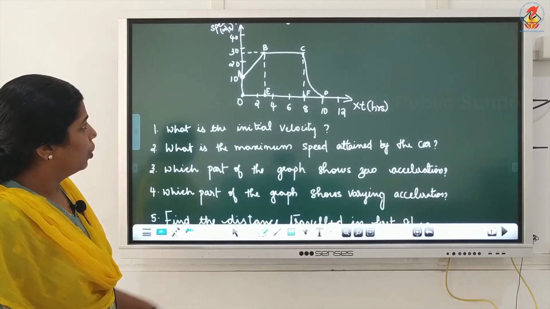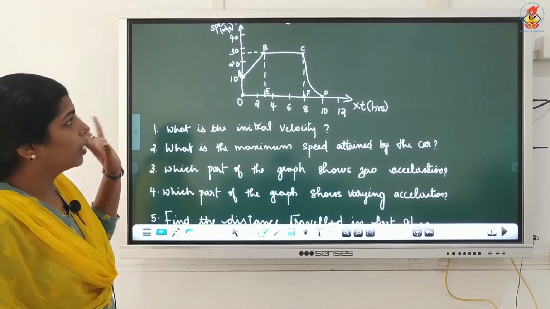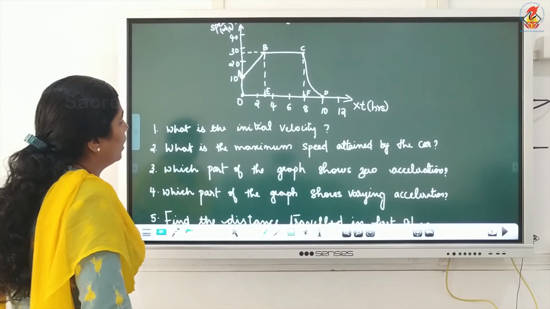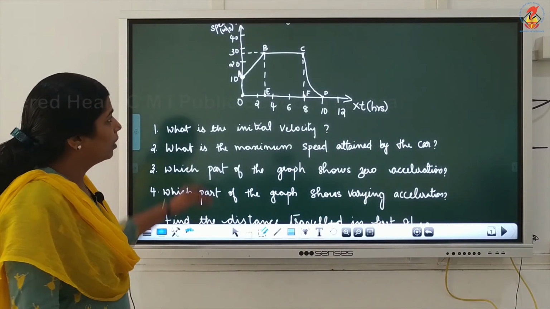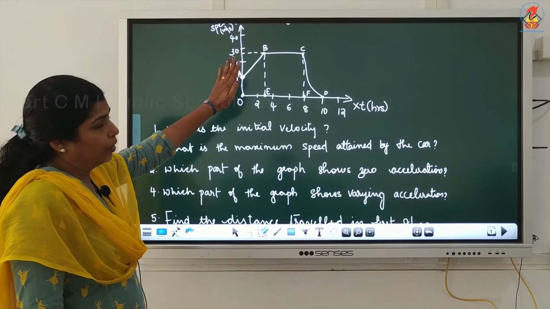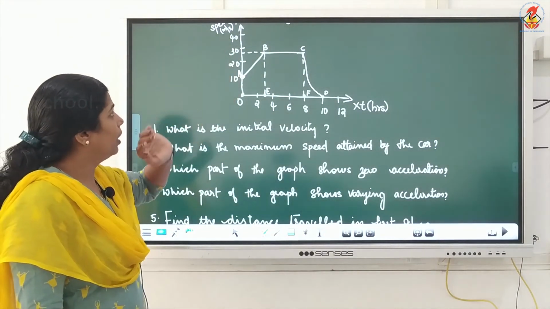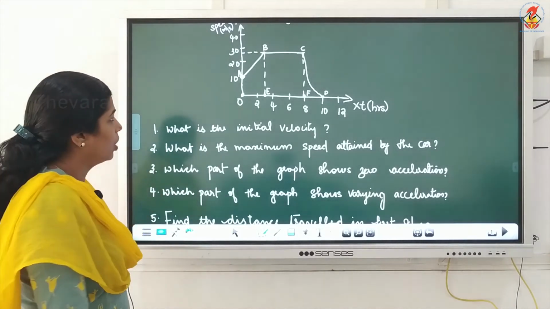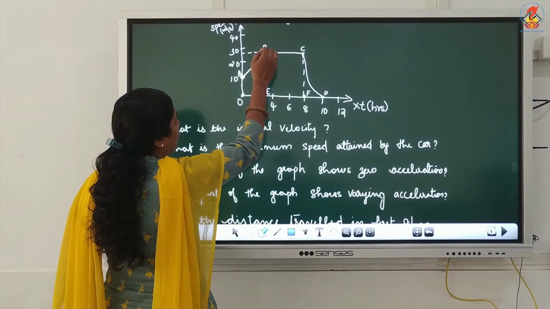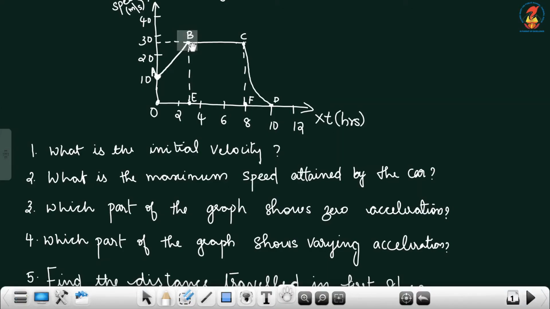So, what is the maximum speed of the car? What is the maximum value of velocity represented by the graph? That is the maximum speed. Here it is from B, this point represents the maximum value of velocity. It is almost 25 meter per second.